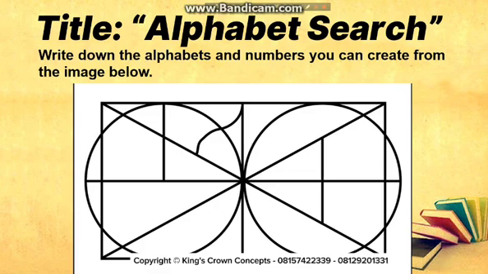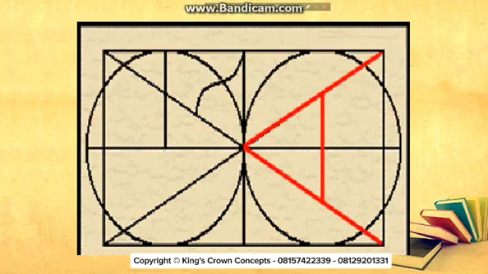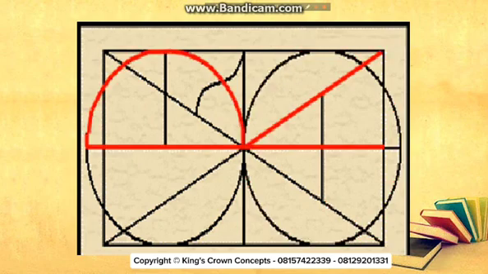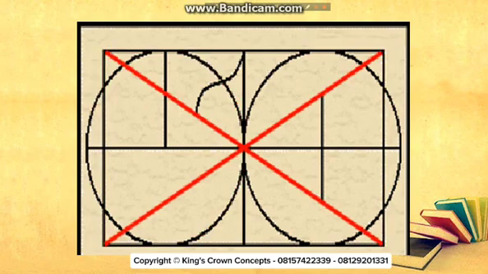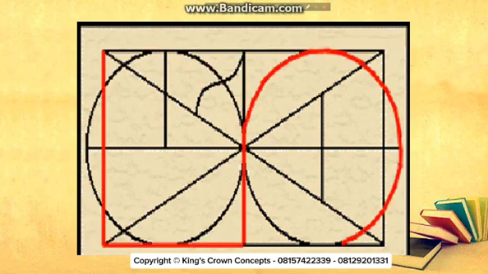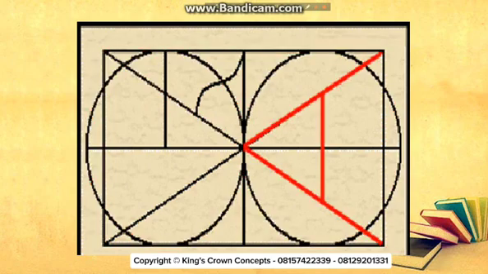Now when you play the video, this is the next thing to see. You see all the alphabets: A, B, C, D, E, F, G, H, I, J, K, L, M, N, O, P, Q, R, S, T, U, V, W, X, Y, Z. 0, 1, 2, 3, 4, 5, 6, 7, 8, 9, and that is all.